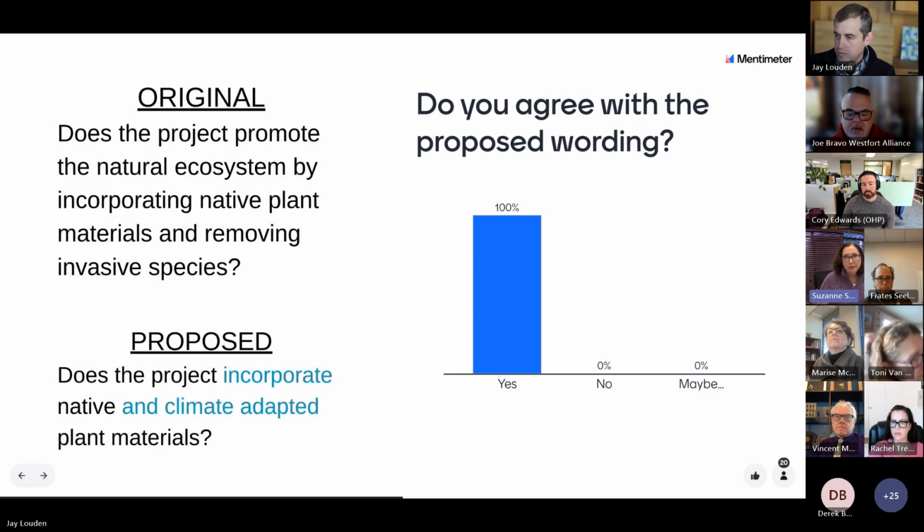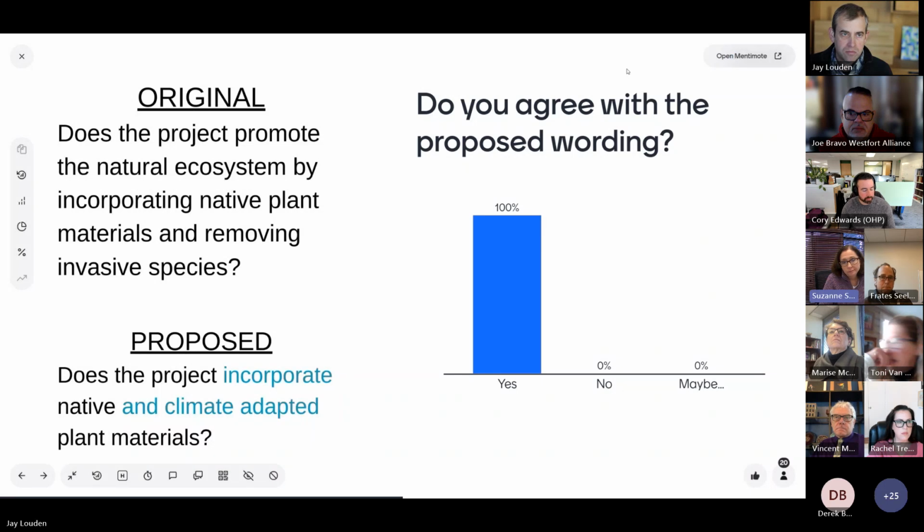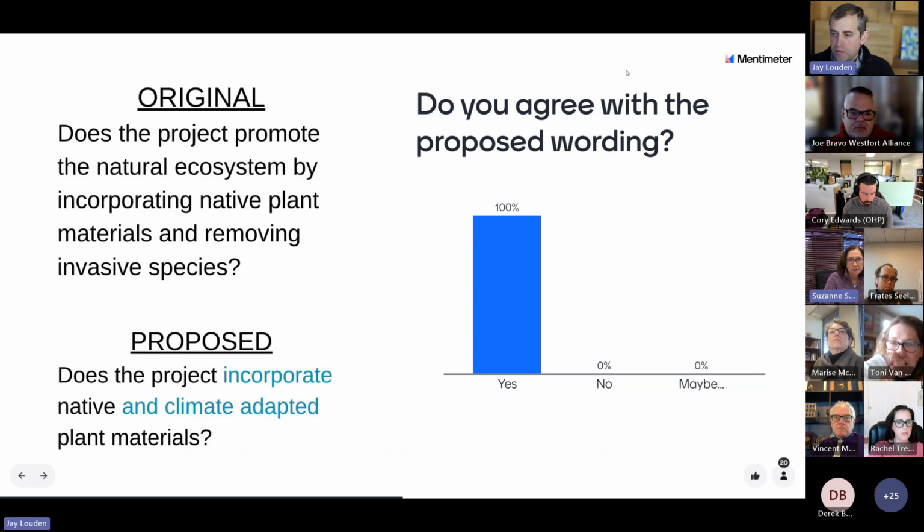Obviously a lot of people agreed that they didn't want more bamboo, but they didn't say that there are some other things that are non-native and are good in the park. But I agree that the invasives. Maybe it could be, does the project incorporate non-invasive, native, and climate adapted plant materials? That would be fine with me. Okay. We've got a maybe.